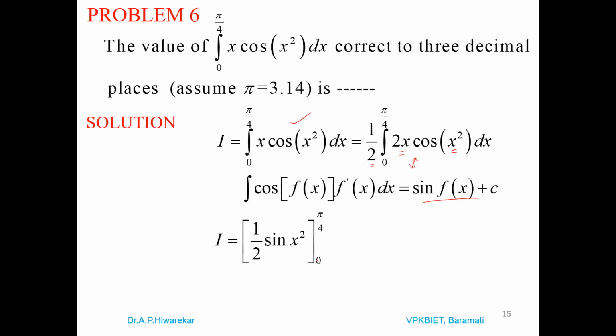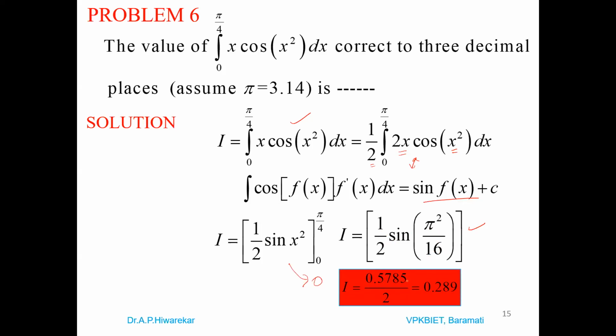So when you apply the limit x as 0, obviously for the lower limit it is 0. And for the upper limit it is sine of (pi by 4) square, means it is pi square divided by 16. So it is 1 by 2 sine of pi square by 16. Use a calculator and calculate sine of pi square by 16 directly.